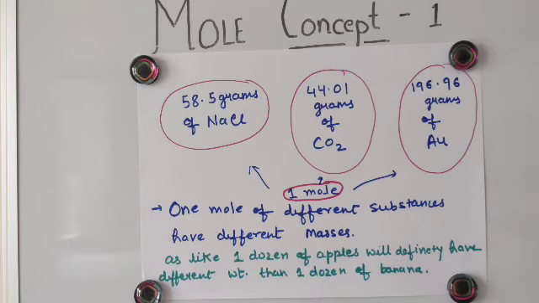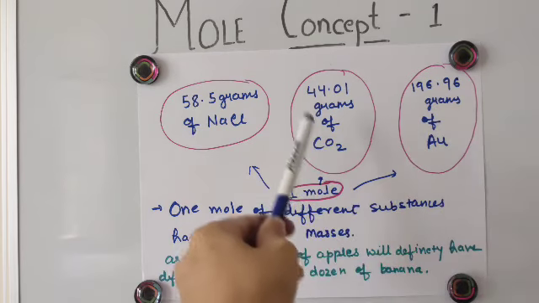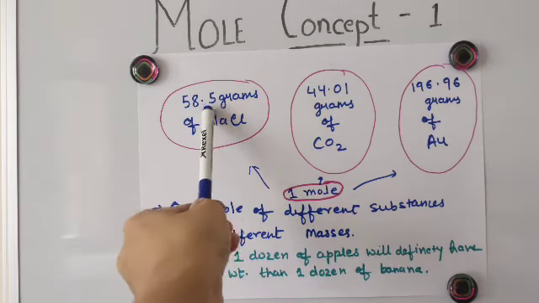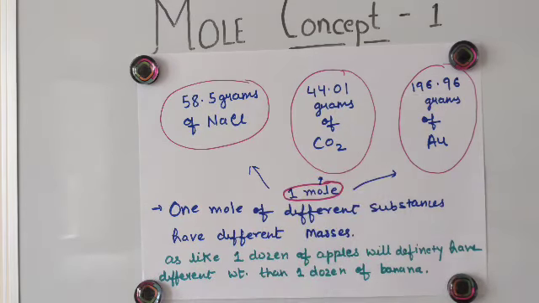You can see that 1 mole of NaCl, 1 mole of carbon dioxide and 1 mole of gold all have different grams: 58.5 grams, 44.01 grams and 197 grams. So it's not necessary that 1 mole contains the same amount. It is like taking 1 dozen of apples, which will definitely have a different weight than 1 dozen of bananas.